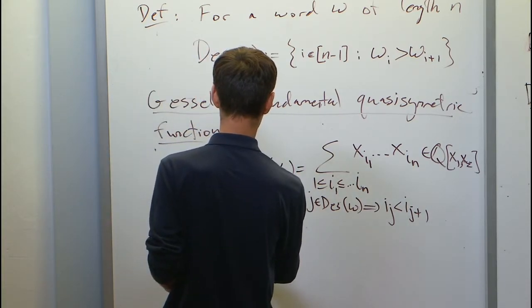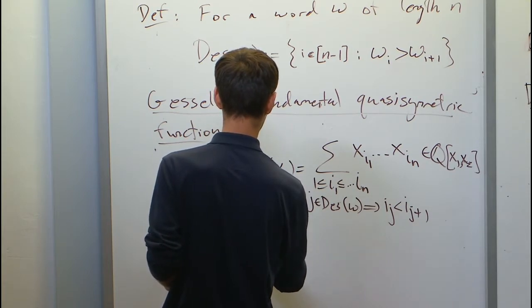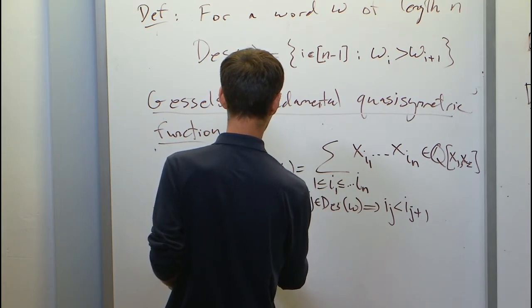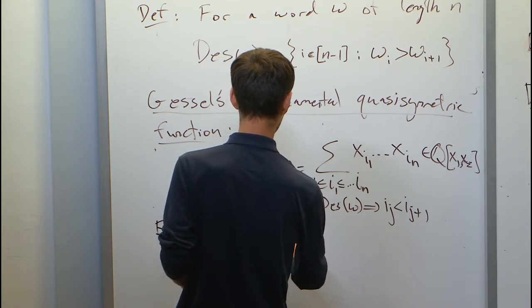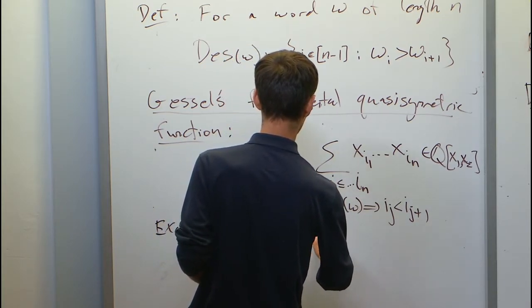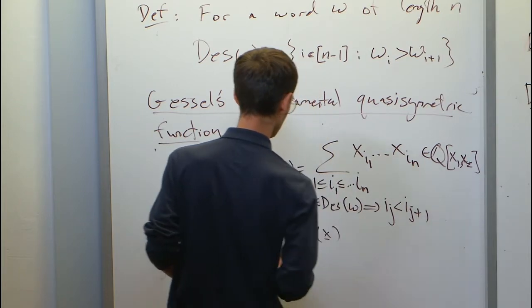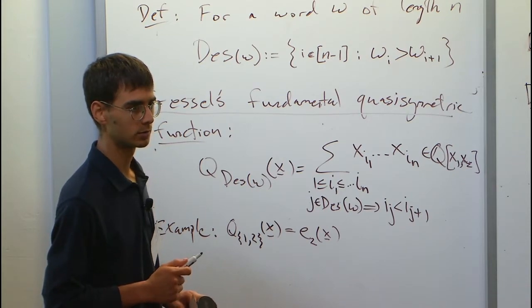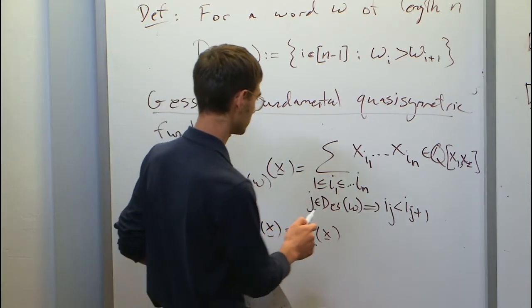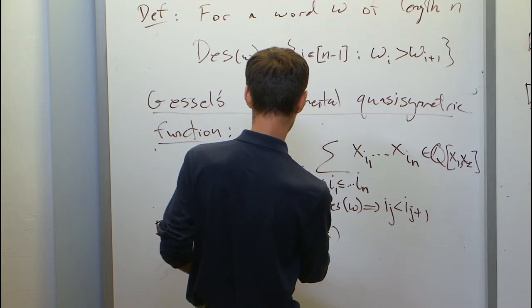Say Q sub {1,2} of x is just equal to e_2 of x, the elementary symmetric function of degree 2.